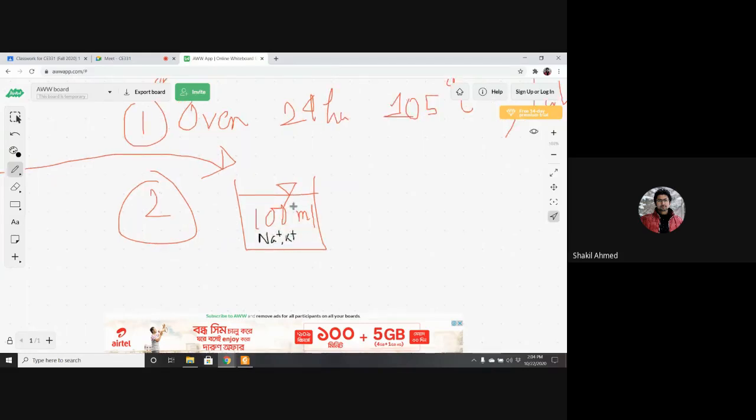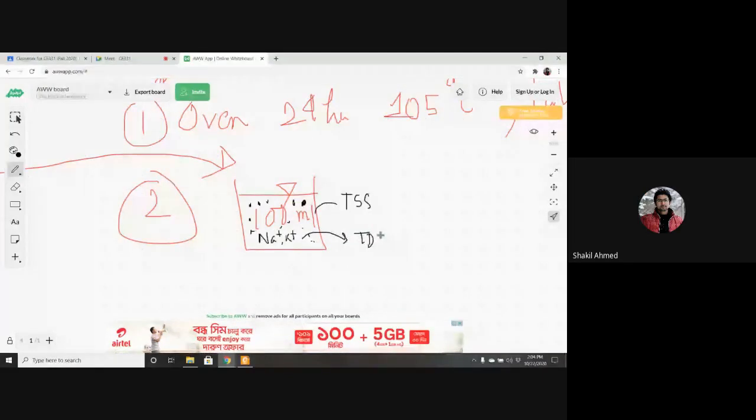Also, you may have suspended particulate matter, right? So you have two things. Suspended particulate matter will give you what? TSS. And dissolved sodium, potassium will give you what? TDS. Fine. So you have both.